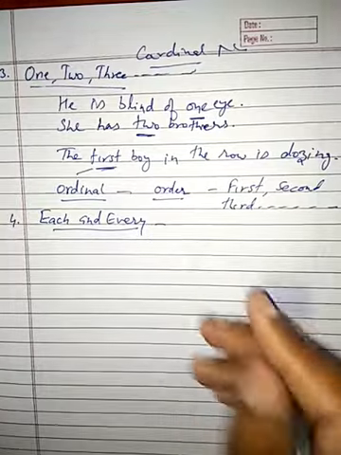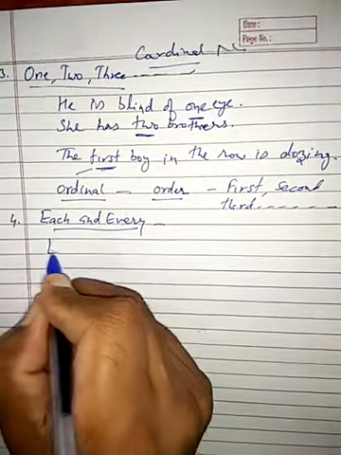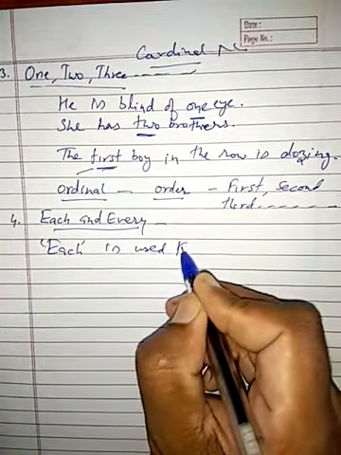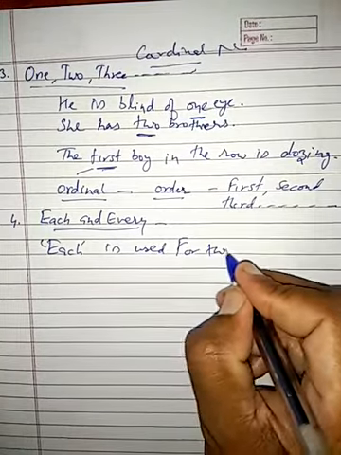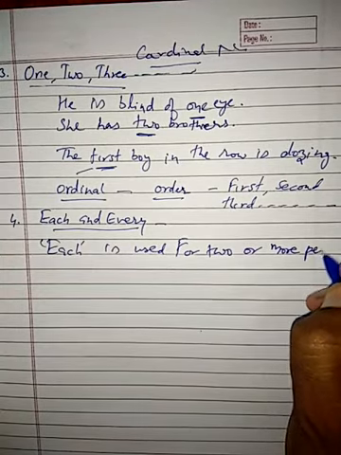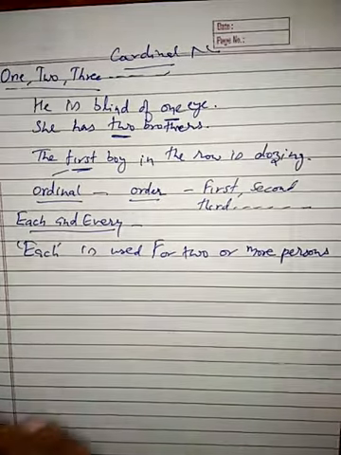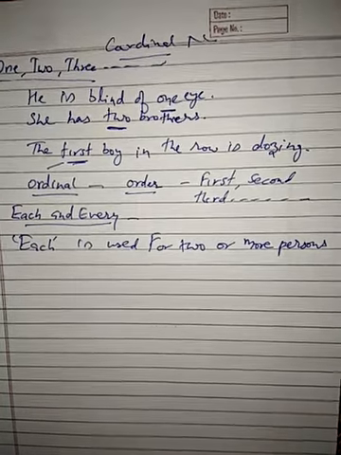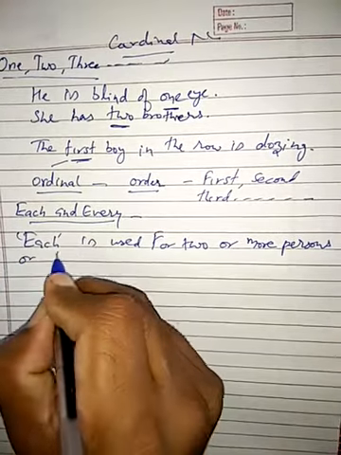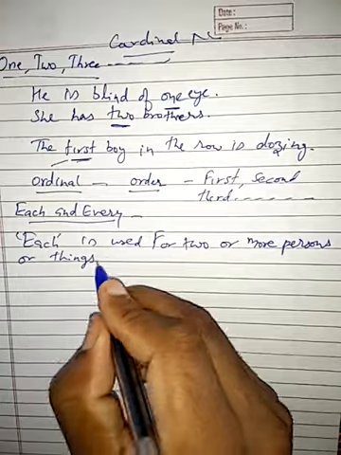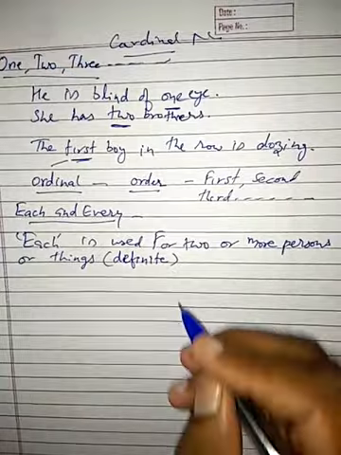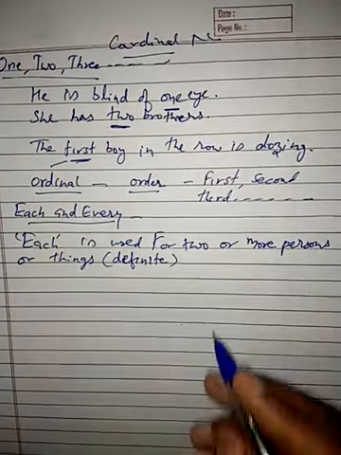So each is used for two or more persons or things that are definite, means when you are aware how many they are, when their number is quite definite.